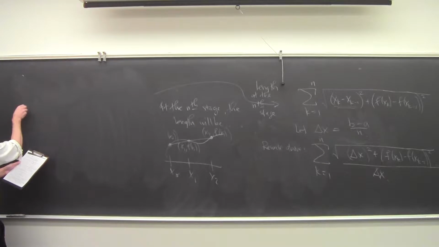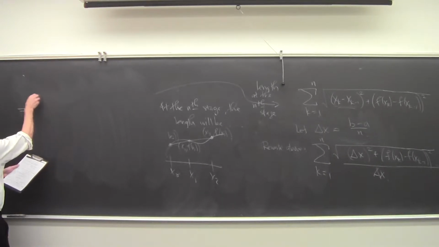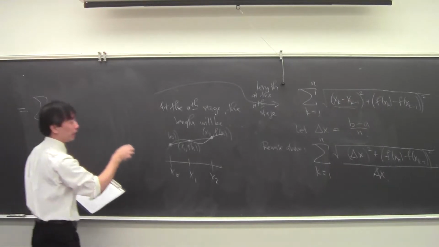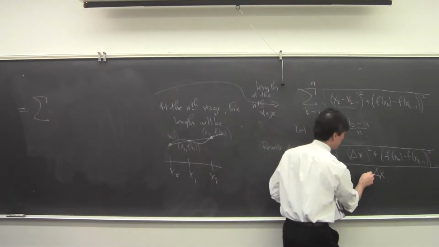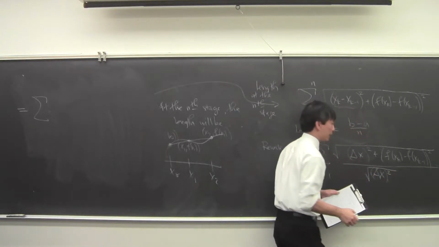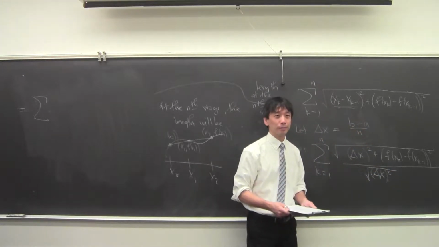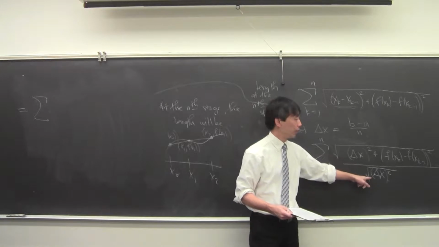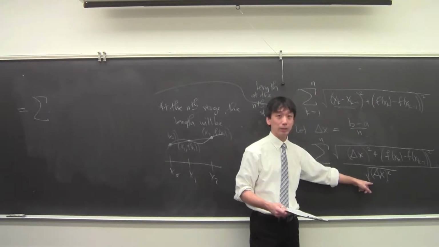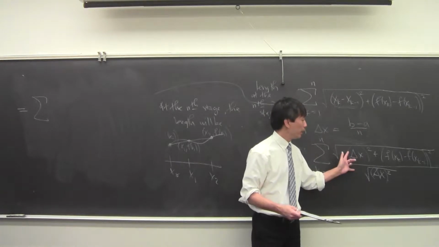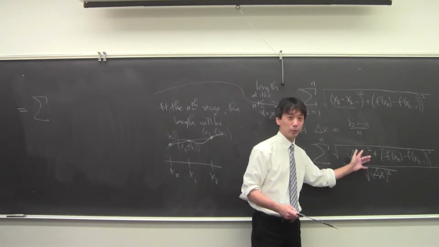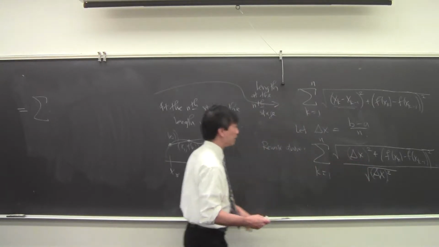Well, if I put this delta x on the bottom, I can write it as the square root of delta x squared. And if you take a quotient of square roots, it's the square root of the quotient. So I'm going to combine those together.